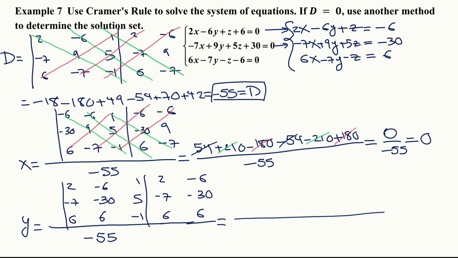Okay, so we go ahead and form our green group. And then the red group. Okay, so we're ready. So starting with the green group, we have 2 times negative 30 times negative 1. That's going to be positive 60.